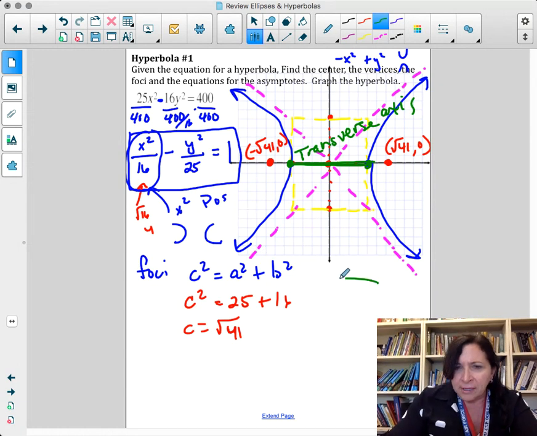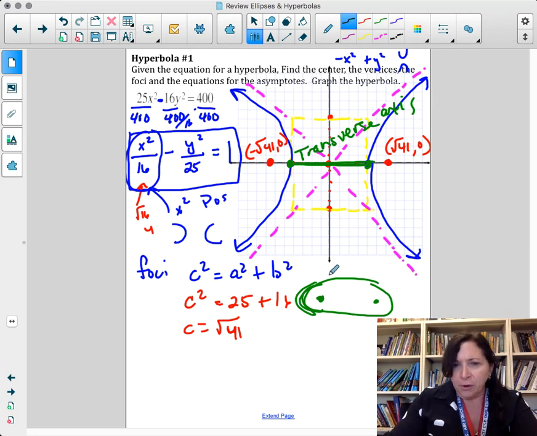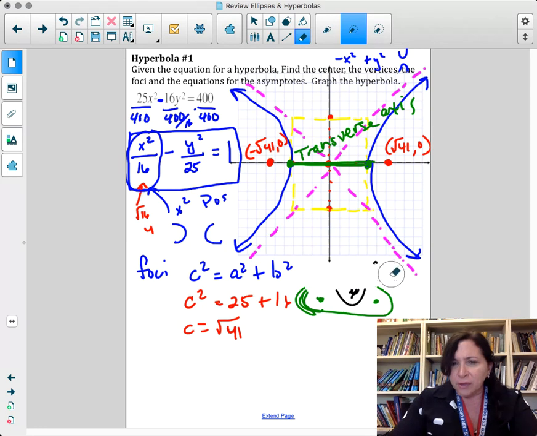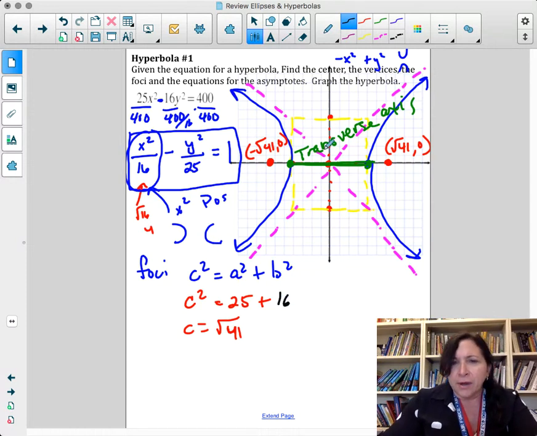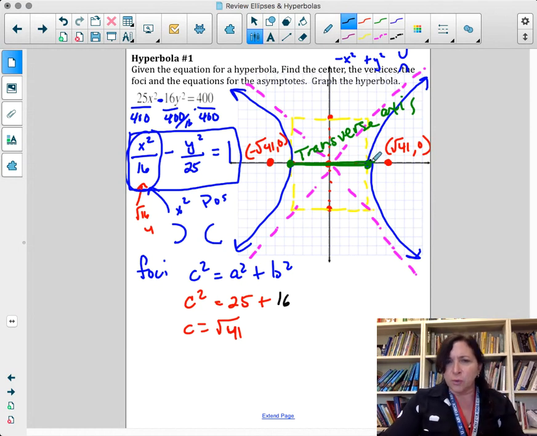Whether you have an ellipse like this, here's my arc, your focal points are inside. Or if I have a hyperbola like this, your focal points are going to be inside. So that's really important that you always remember that. So that's the transverse axis that connects my two vertices.